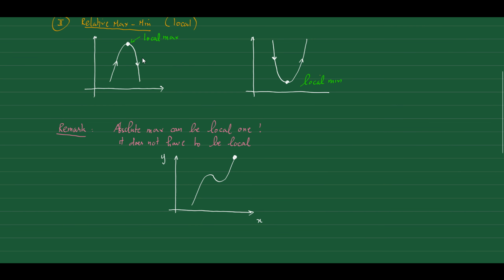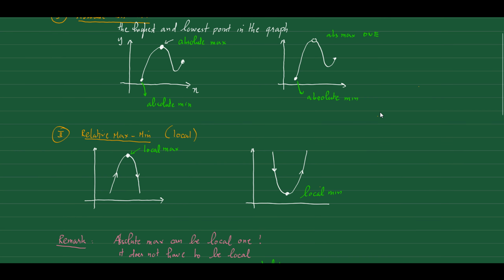But this one just goes up, it doesn't go down. So this one is still considered the absolute max, but it's not a local max because it's not going up and going down.